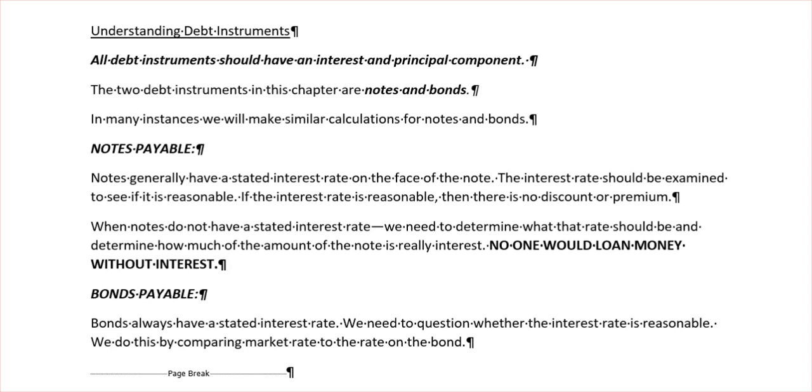Does it create premiums? Does it create discounts? And then I gave you an introduction to creating those tables so that you would have better understanding when we start on this next section.